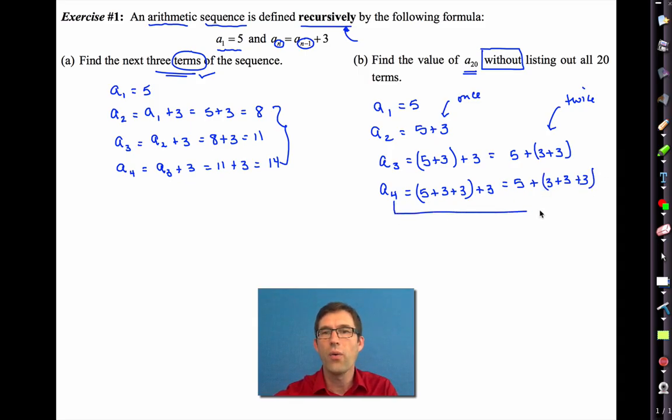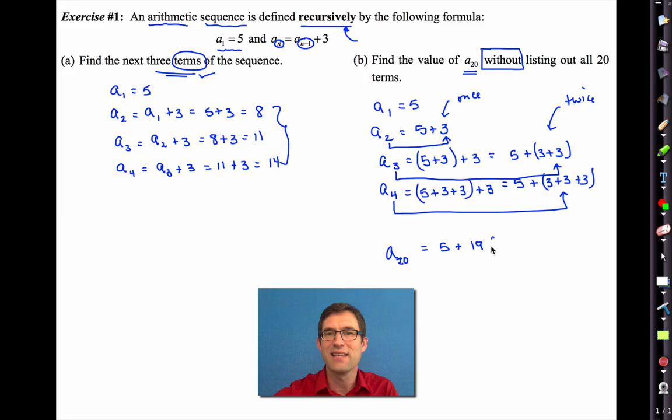Notice we always add one less 3 than the index, the place in line. So A20 will be 5 plus nineteen 3s. Nineteen, not twenty, but nineteen. So that gives me the 20th term as 62.